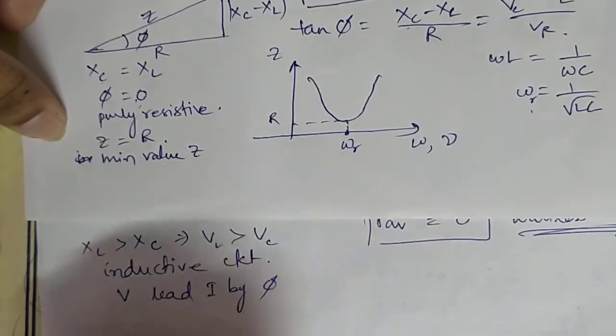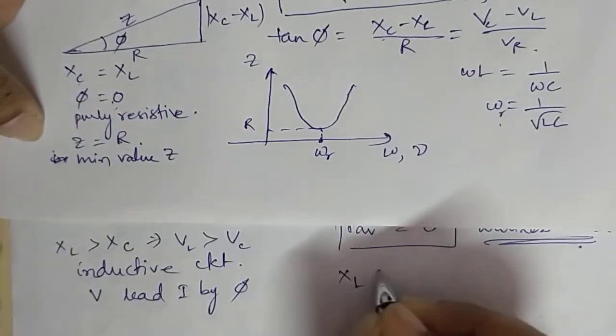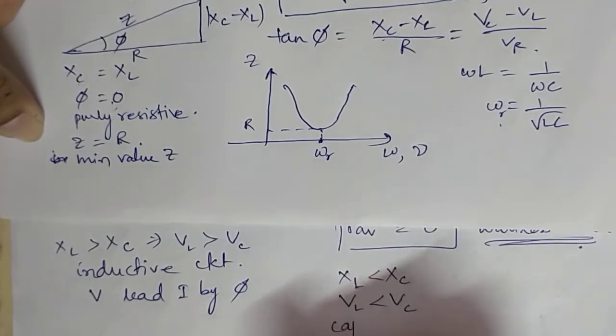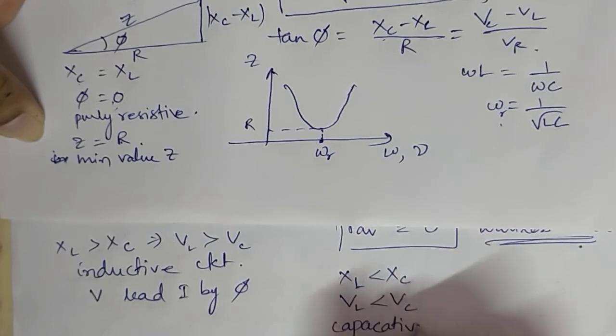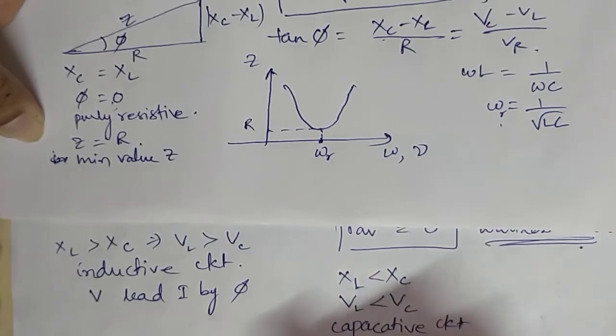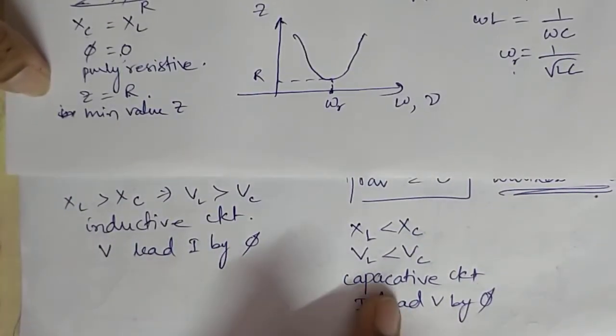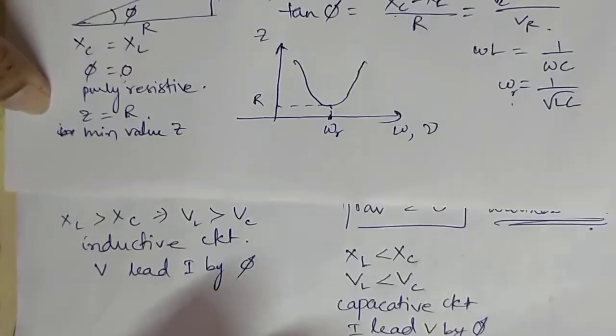And if you have XL less than XC, that means VL less than VC, then it is a capacitive circuit and your current will lead voltage by angle phi. Okay, current will lead voltage by angle phi.